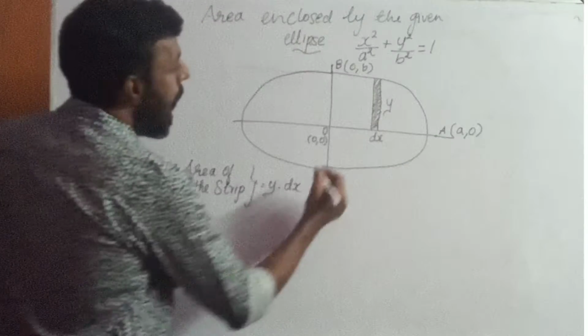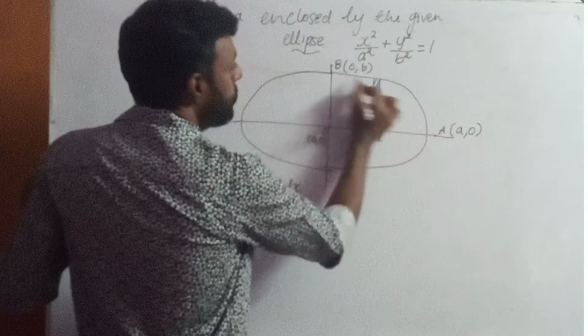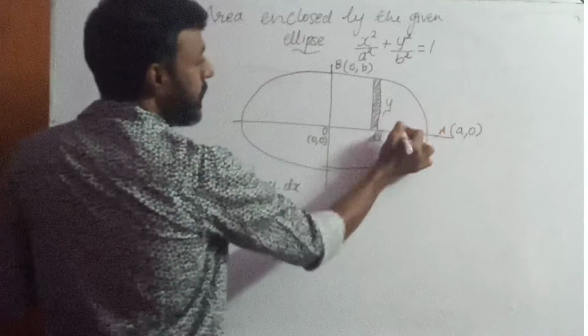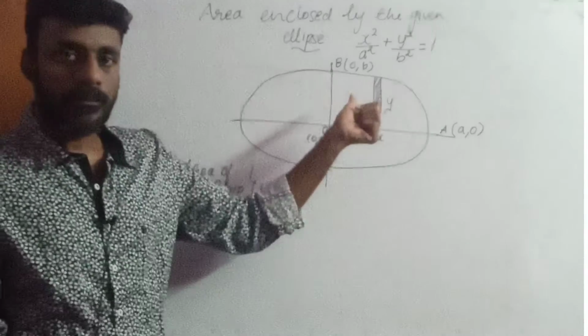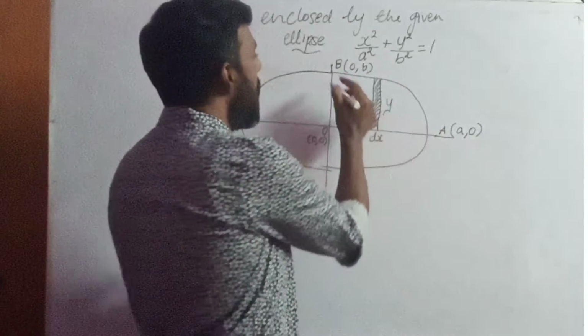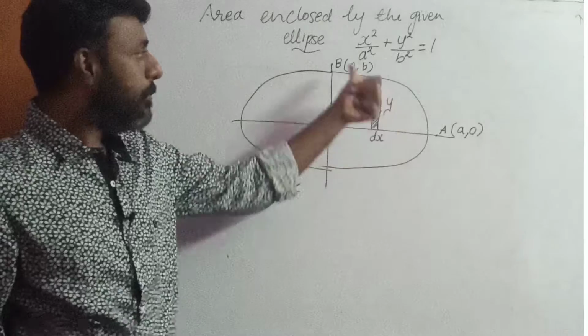Now I am interested in finding the area of the region enclosed by a quarter of the ellipse. A quarter portion of the ellipse occupies this area, that is OABO.